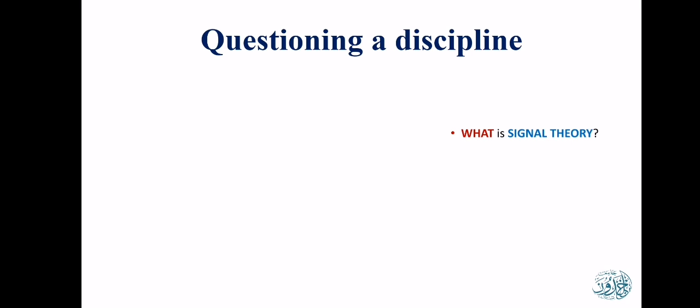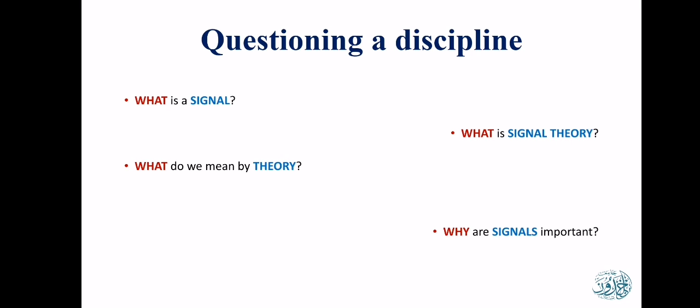For example, what is signal theory? A simpler yet deeper question, what is a signal? And what do we mean by theory? A more important question, why are signals so important that they deserve an entire theoretical framework? And finally, how is this theory built?